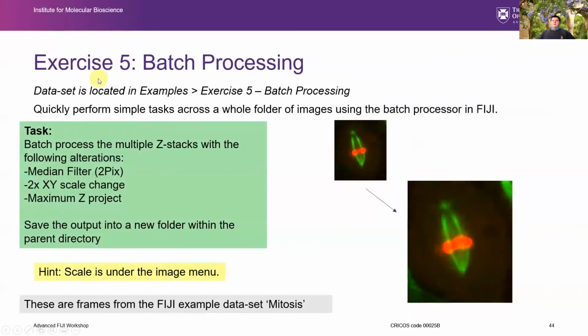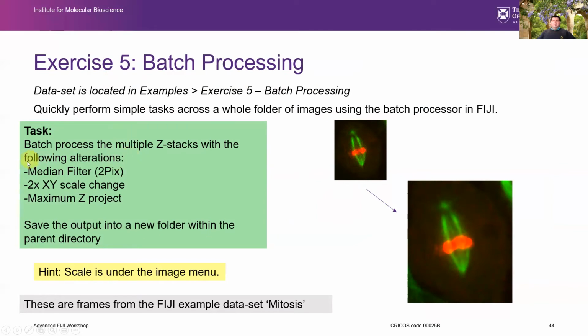So in exercise 5 in this workshop, we're going to run a batch processing task. There's a folder, exercise 5, that has a series of Z-stacks from the example data set called mitosis. So in this, there are about 50 frames of files that are going to divide. So let's perform the following processes on them.